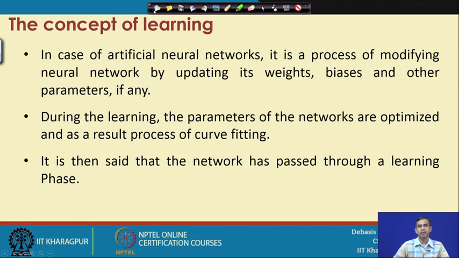Now, the idea is how the network can learn, just as we human beings learn. For human learning we need a large number of inputs, or in other words a teacher who says many things, and this is the input.